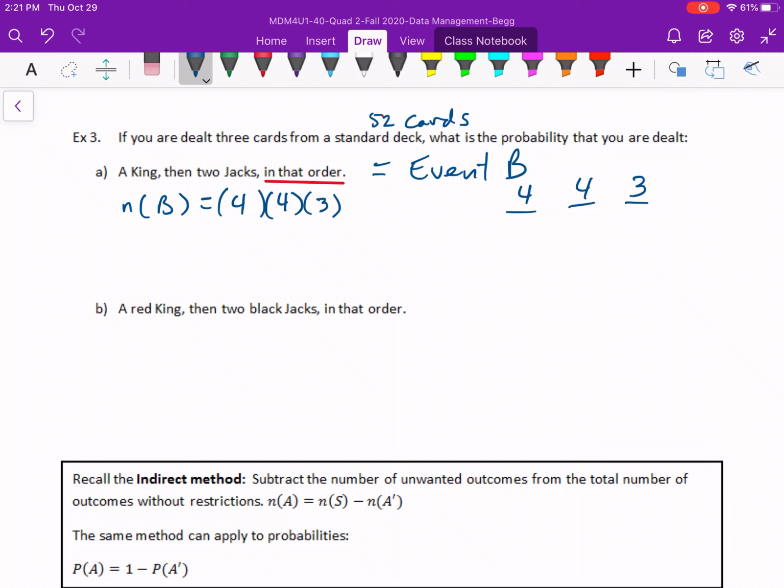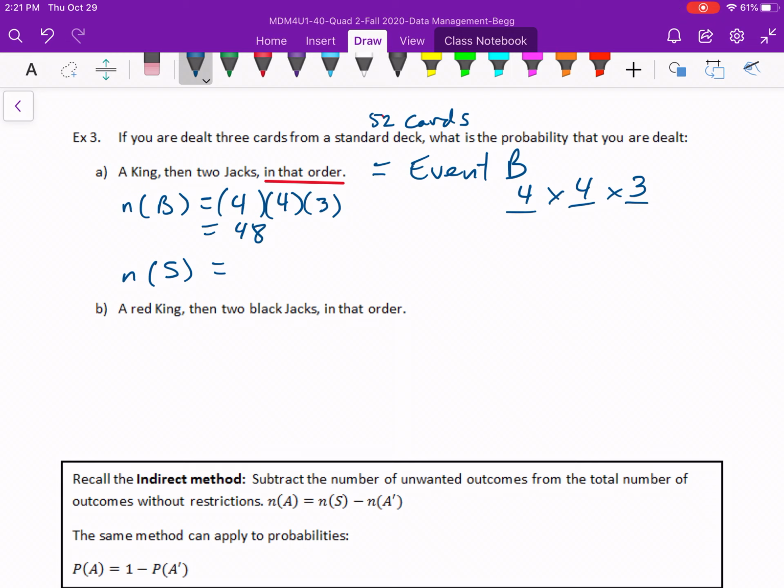So 4 times 3 is going to be my number for B. 4 times 4 is 16, and 16 times 3 is 48. So there's actually 48 ways that I could get this correct. That sounds kind of promising. Let's see how many ways in general that we're able to pick 3 cards out of 52.